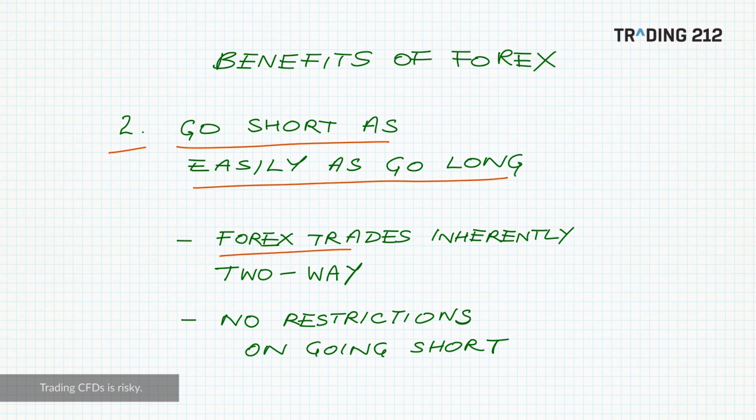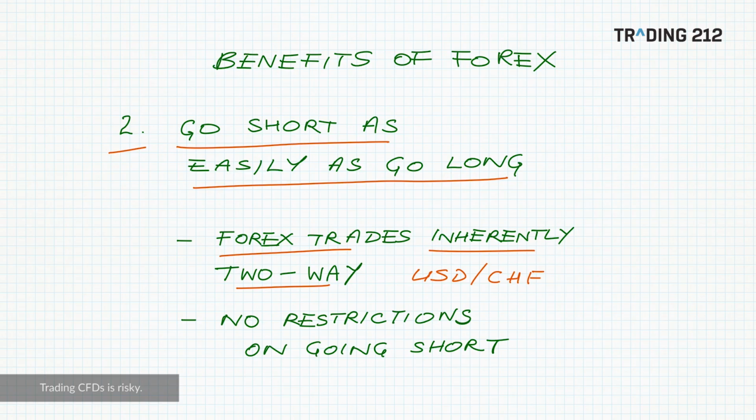Forex trades are inherently two-way, and as I'm sure you've gathered if you've been following our Basics of Forex series, if you trade a currency pair, there are 2 currencies involved. For example, the US dollar against the Swiss franc, which we've just been looking at. Now, whichever way round you decide to trade, whether you're going long or short dollar Swiss, it is inherently part of the trade that you're buying one currency and selling the other.